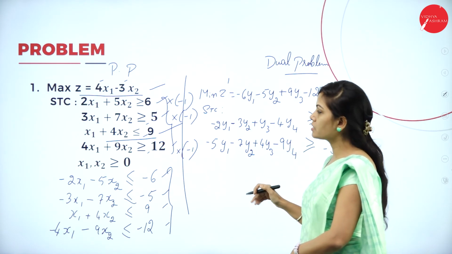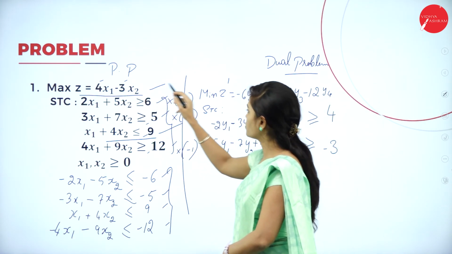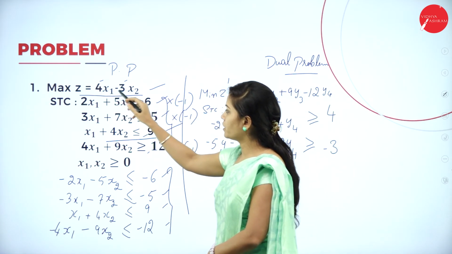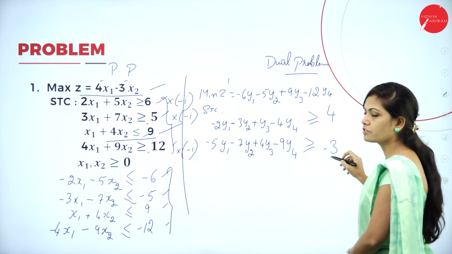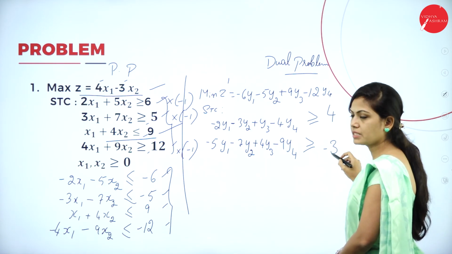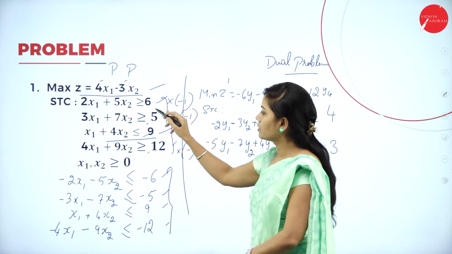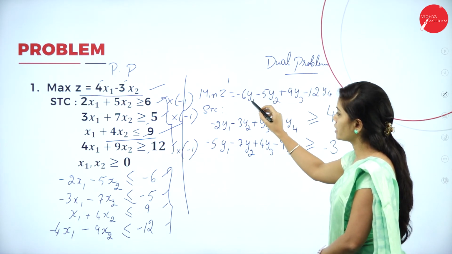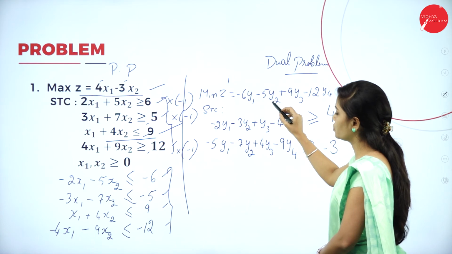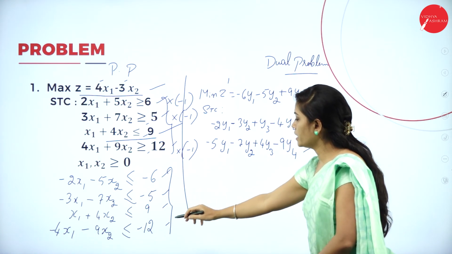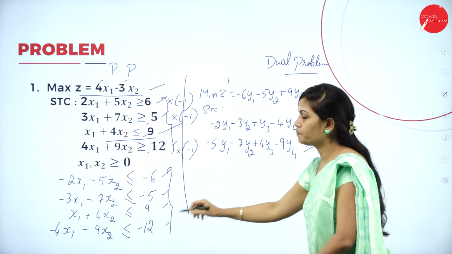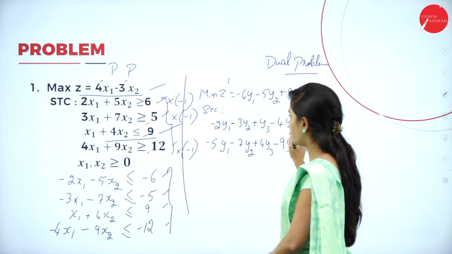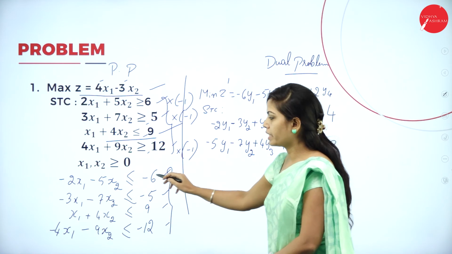You can observe this. Max z changes to min z dash and all the objective function coefficients will become the RHS values 4 and minus 3, and all the RHS values become the coefficients of the objective function, minus 6y1 minus 5y2, 9y3 and minus 12y4, and all the columns will become row values. So this is my constraints now.